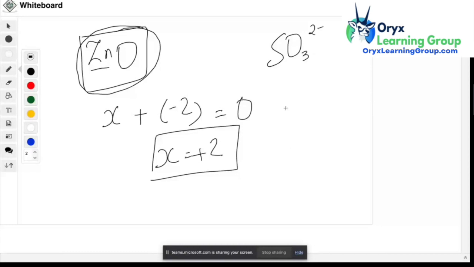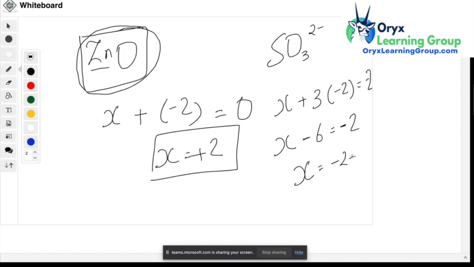Okay, let's see. Oxygen in most cases is -2, so we can take this as -2. Sulfur is variable depending on the compound, so let's assume that sulfur is X. So X plus 3 into -2 is equal to -2, right? So X - 6 is equal to -2. Then X is equal to how much? -2 plus 6.